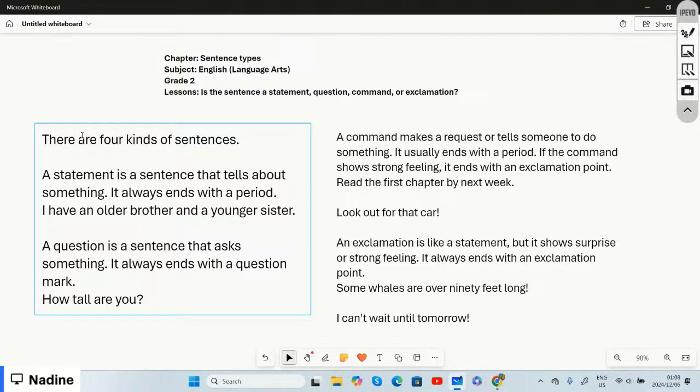So when it comes to our different sentence types, there are four types of sentence. There are four kinds of sentences.